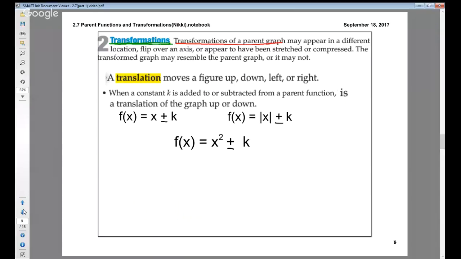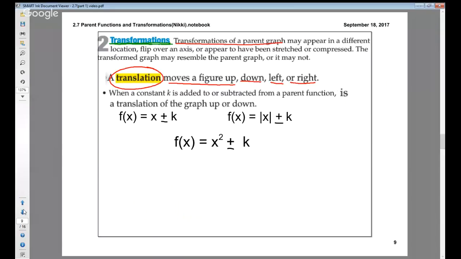There are many transformations that we can work on, but the first transformation that we're going to talk about today is called a translation. A translation is basically when you take a parent function and, to create its child function, you move it up, down, left, or right.